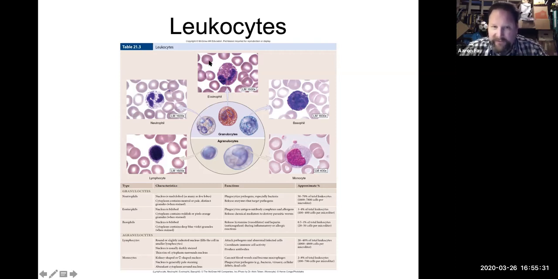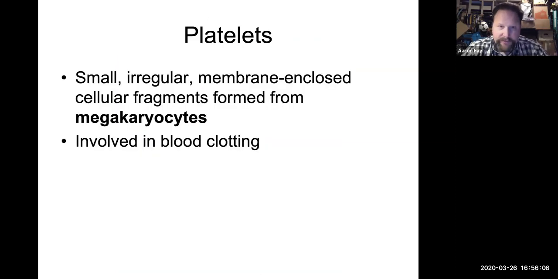What if they have like 10 or 15% eosinophils? That would be a way overproduction of eosinophils. It probably means they have a worm infection. They may have a bunch of worms in their intestines, or maybe they have lung flukes and their body is trying to fight it. So by seeing that you have elevated eosinophils relative to neutrophils, that gives you some idea what's going on. If somebody has really bad allergies, they may have an overproduction of basophils, right? So you can use this information to make clinical diagnoses.